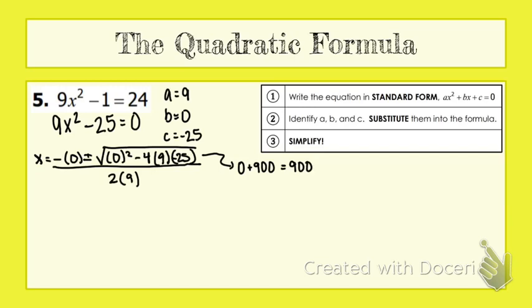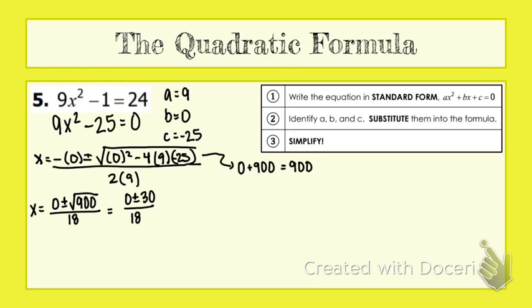And remember that anytime our discriminant is a positive number, that means we should get two real solutions to this problem. So we have x equals 0 plus or minus the square root of 900 all over 2 times 9, which is 18. And the square root of 900 is 30. So 0 plus or minus 30 divided by 18.